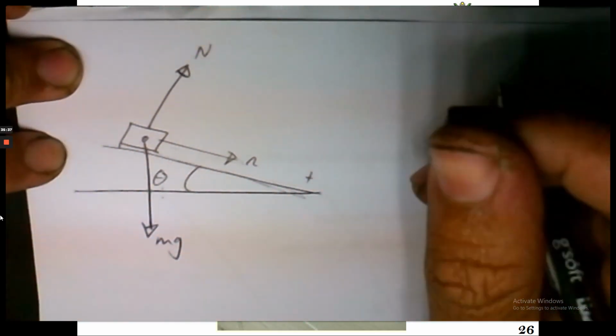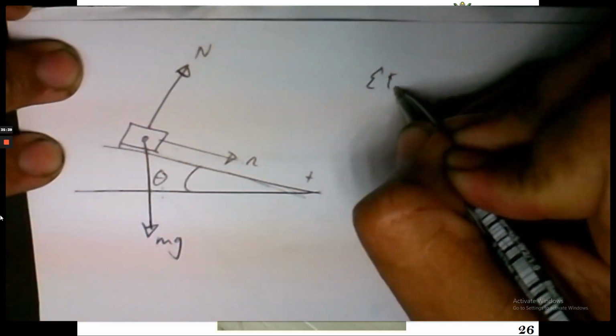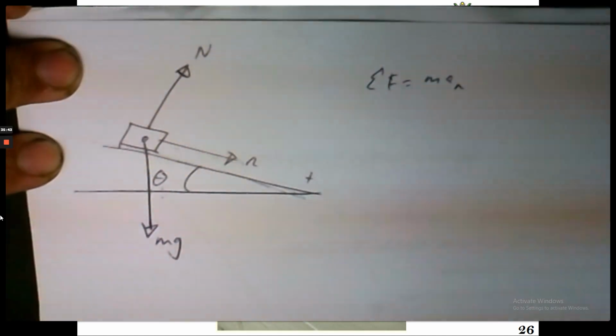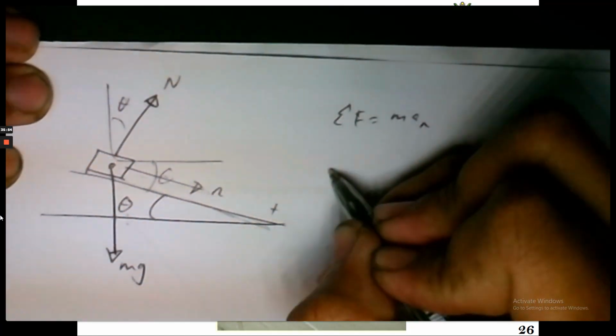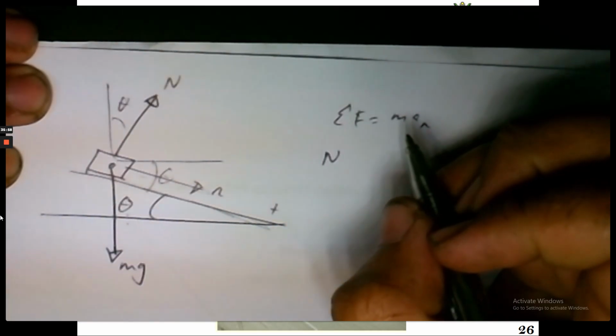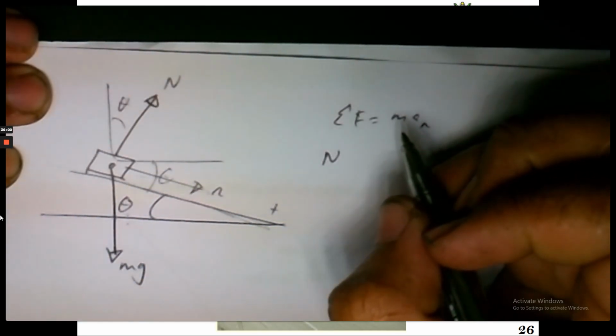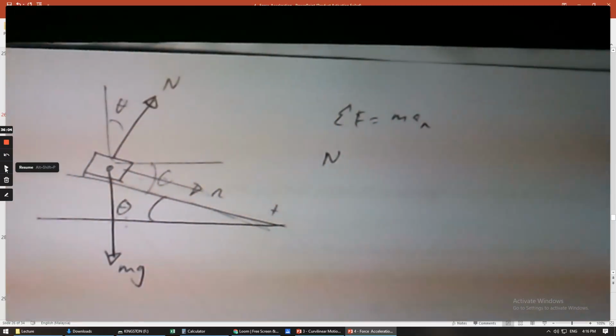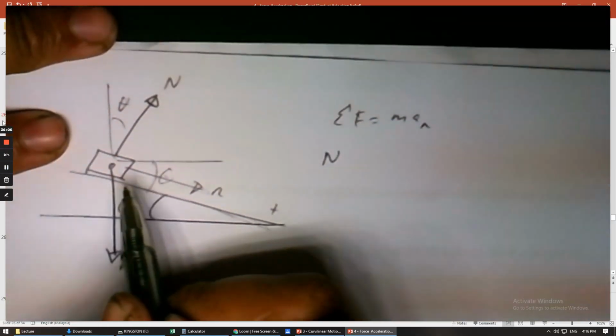Let's go ahead and write F equals ma in the n direction. So theta here and theta would be there. Hold on, sorry, I made a mistake.